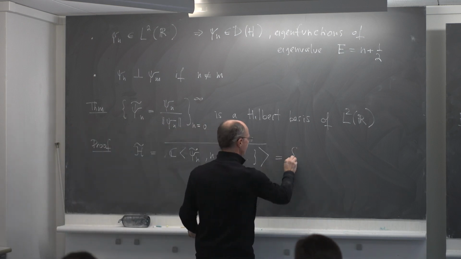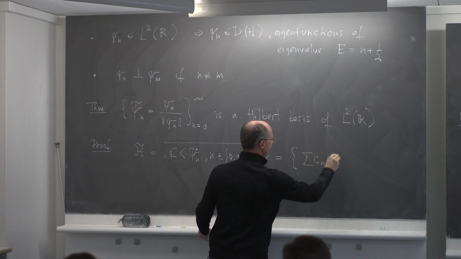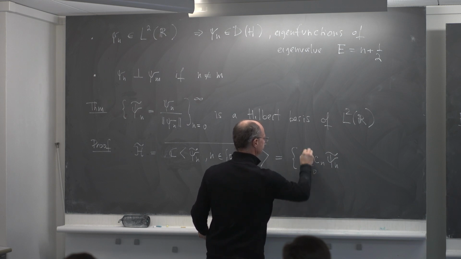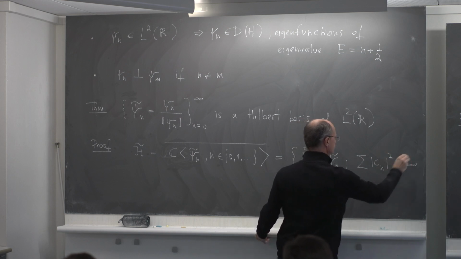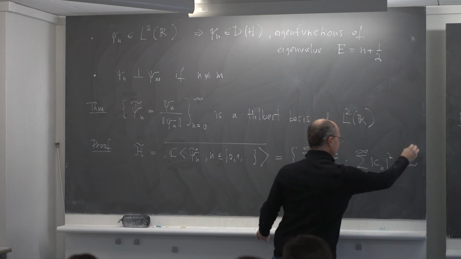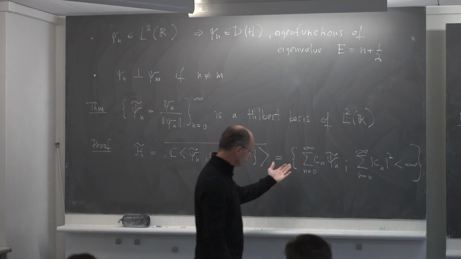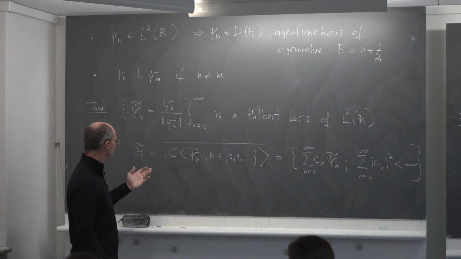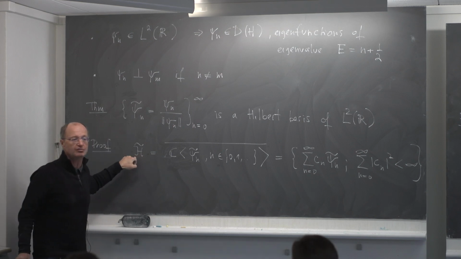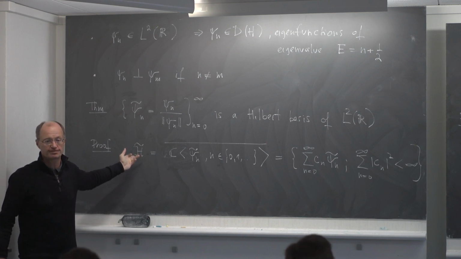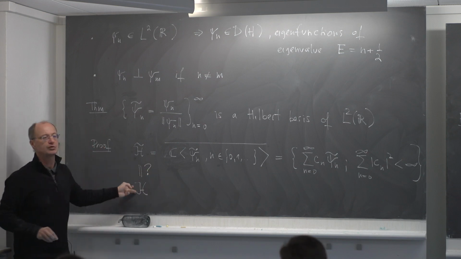Or, which is the same, I take sums of c_n ψ_n tilde such that the sum of absolute values of squares of coefficients is smaller than infinity. So we have this subspace. And it might happen that this subspace is not equal to the full Hilbert space. So the question is whether it is equal or not to H.